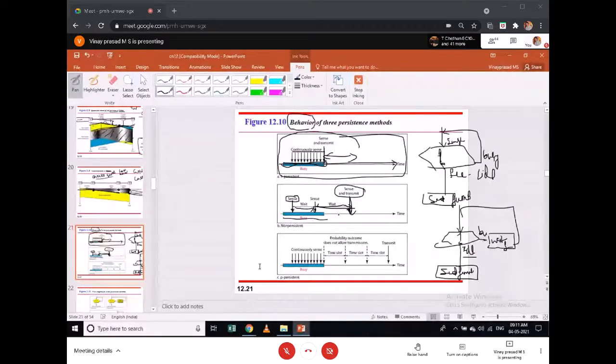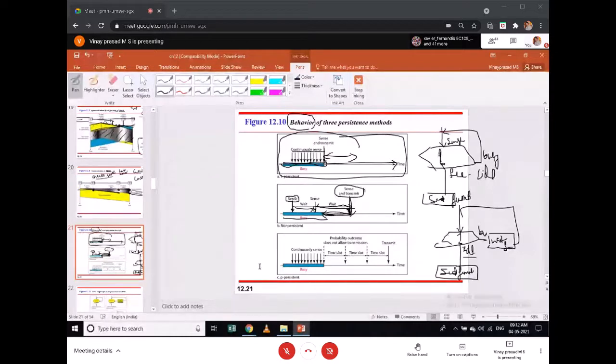But what was the disadvantage here? Due to this random waiting time, during that waiting time the channel may become idle without us knowing. The efficiency of utilization of the link will be reduced, right? See here in this diagram, for this duration the channel will be idle, but all the stations were waiting.